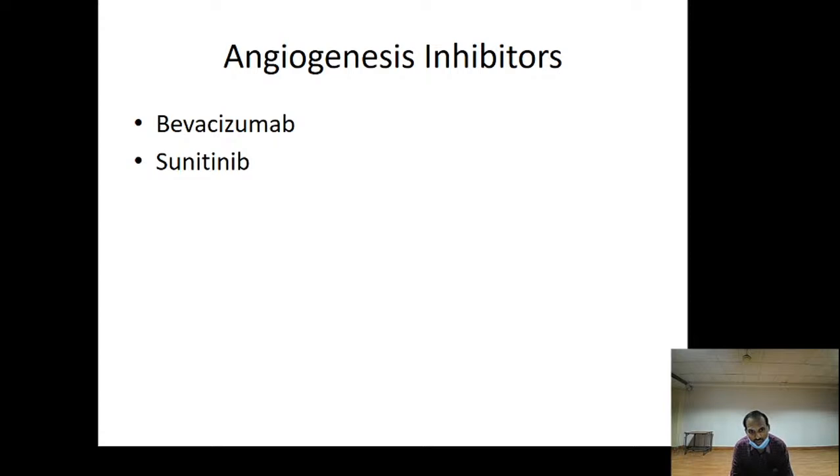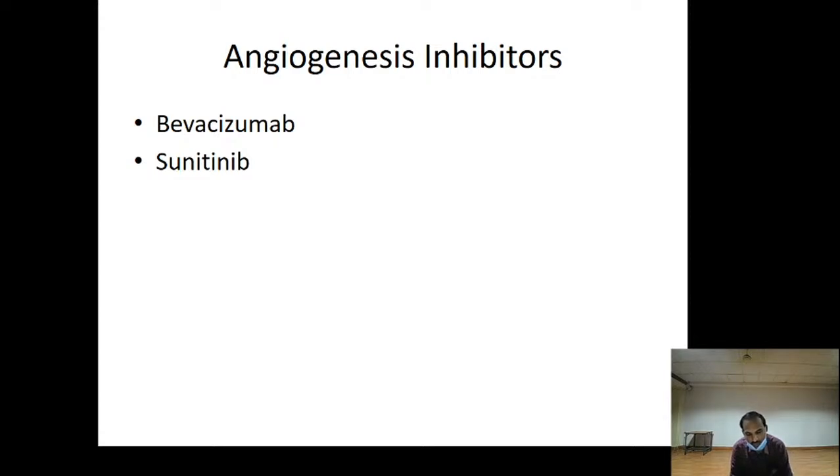In the angiogenesis inhibitors, another drug is sunitinib. Sunitinib and bevacizumab, the difference is this: bevacizumab, as I mentioned 2 minutes ago, binds to and inhibits the vascular endothelium growth factor directly, whereas sunitinib is an inhibitor of the vascular endothelium growth factor receptor. So it acts at the receptor level, whereas bevacizumab acts at the molecule itself.